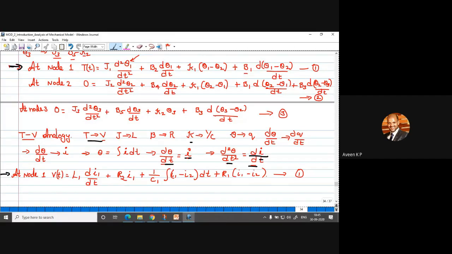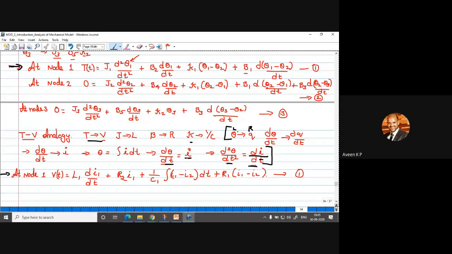I have made the conversion from here and completed the last one. I have considered theta, in terms of the mechanical system, as angular displacement. In electrical, it is charge. What I am doing is differentiating both sides. Consider this as LHS and this as RHS.